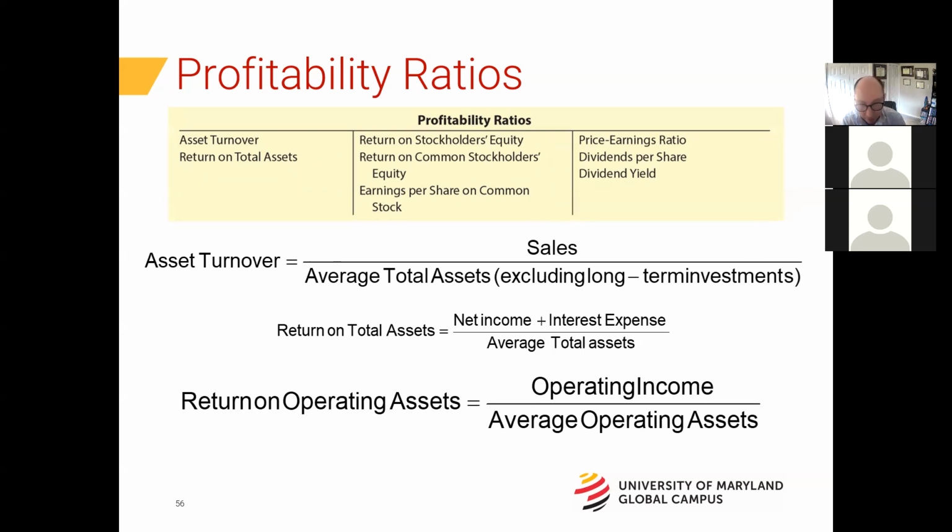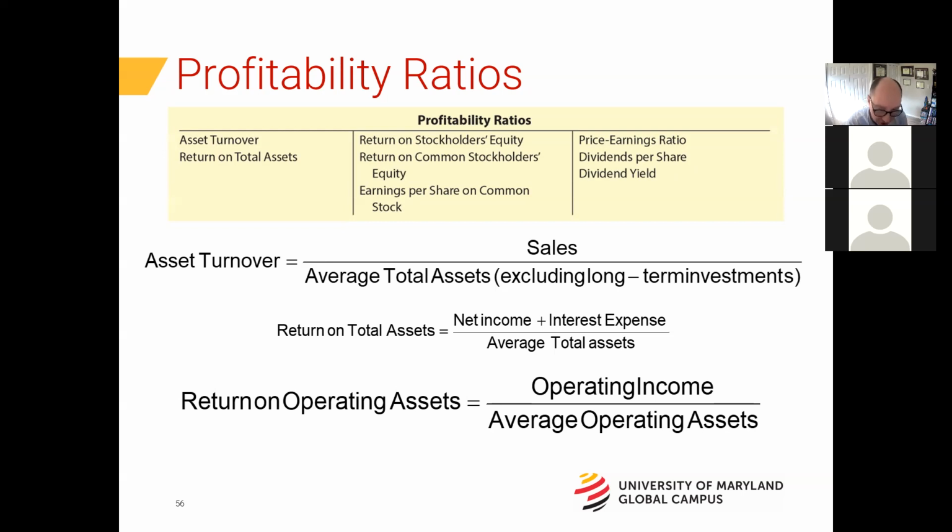The return on operating assets, another wonderful ratio. We take operating income divided by average operating assets. Okay, this gets a little bit more muddy. Operating income, you can use the same concept as gross profit. This is the income before taxes, before interest.